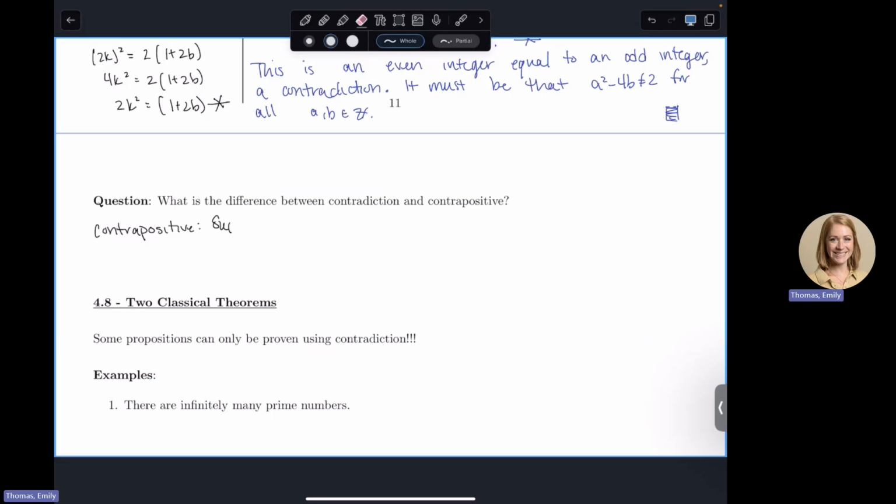Yeah, you assume not Q and show not P, right? What do you do for a contradiction proof? You assume P and not Q, and show that has to be false, meaning that P does imply Q.